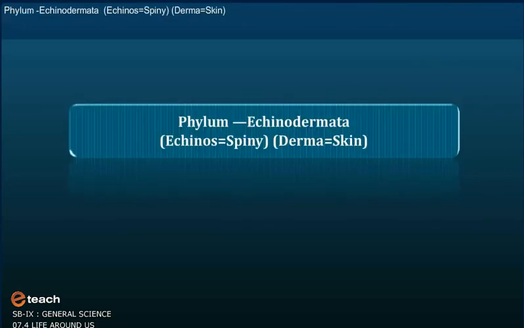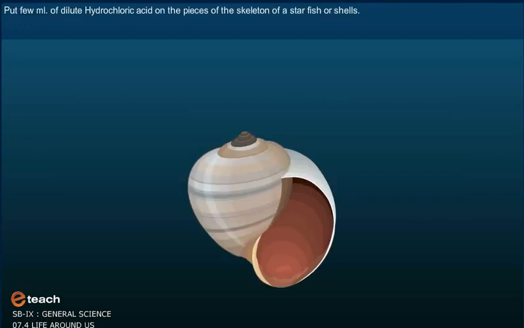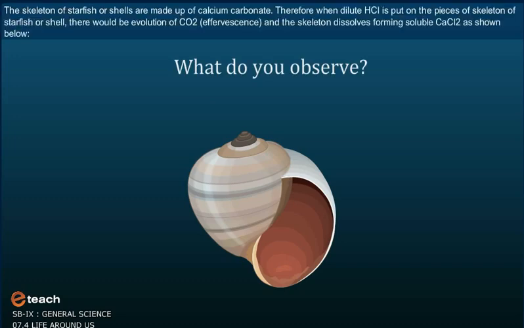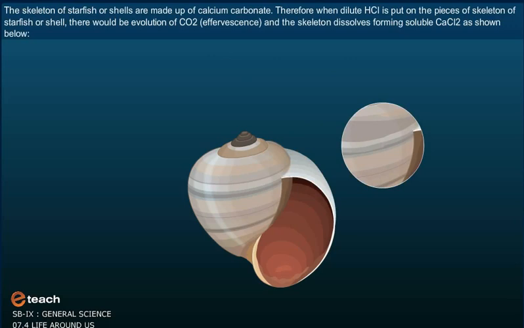Phylum Echinodermata. Echinos means spiny and derma means skin. Activity. Put few milliliters of dilute hydrochloric acid on the pieces of the skeleton of a starfish or shells. What do you observe? The skeleton of starfish or shells are made up of calcium carbonate.